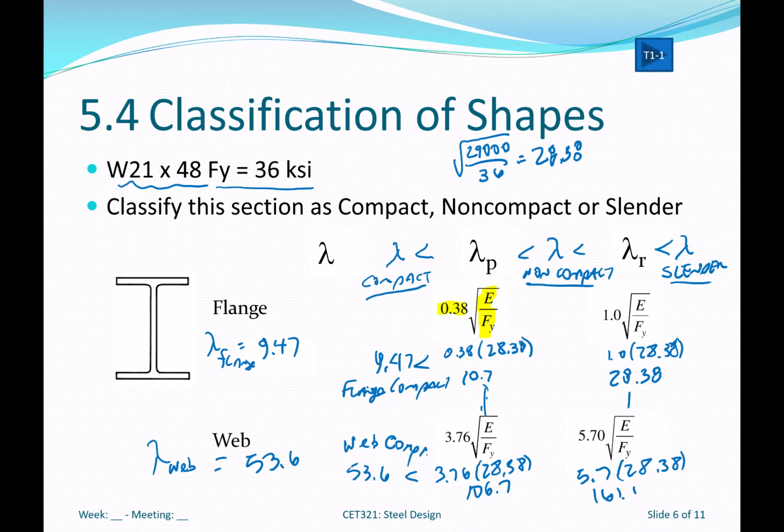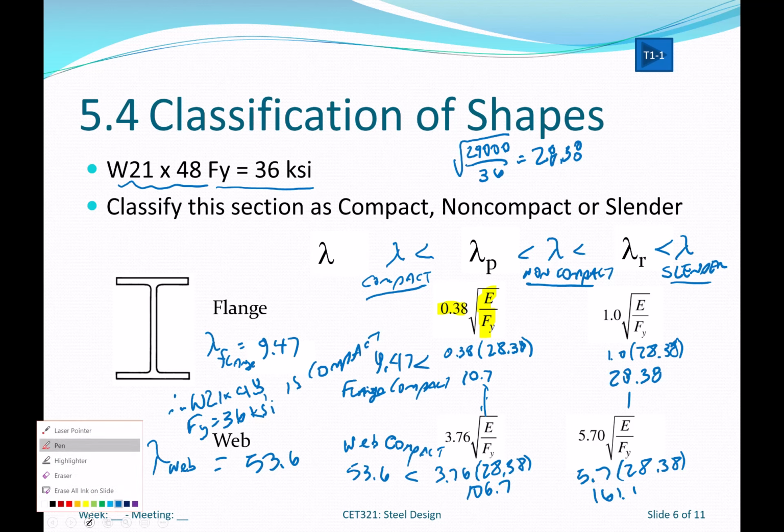They're both compact, so that's the best we can hope for. Therefore, the shape W21x48 with Fy of 36 ksi is compact. That's our answer. W21x48 made out of 36 ksi steel is classified as being compact.